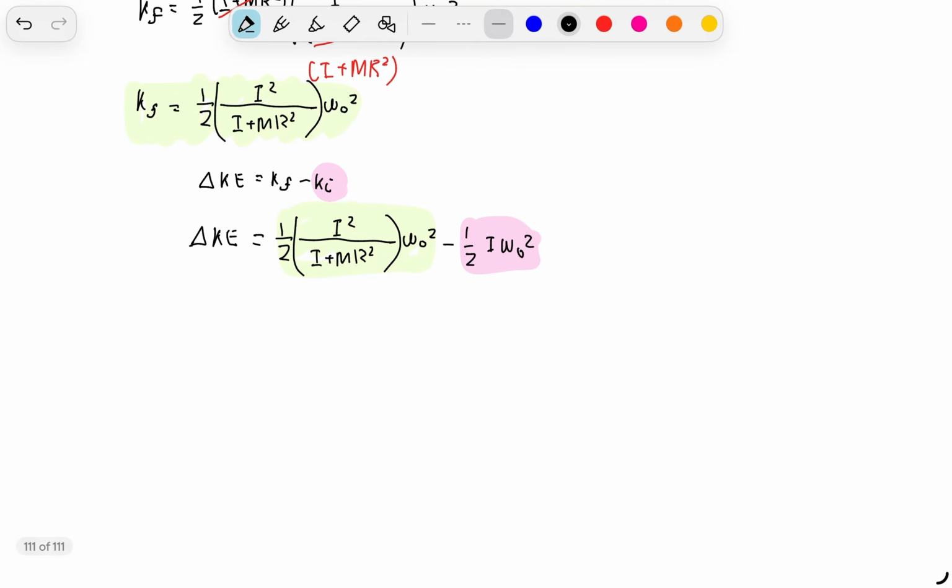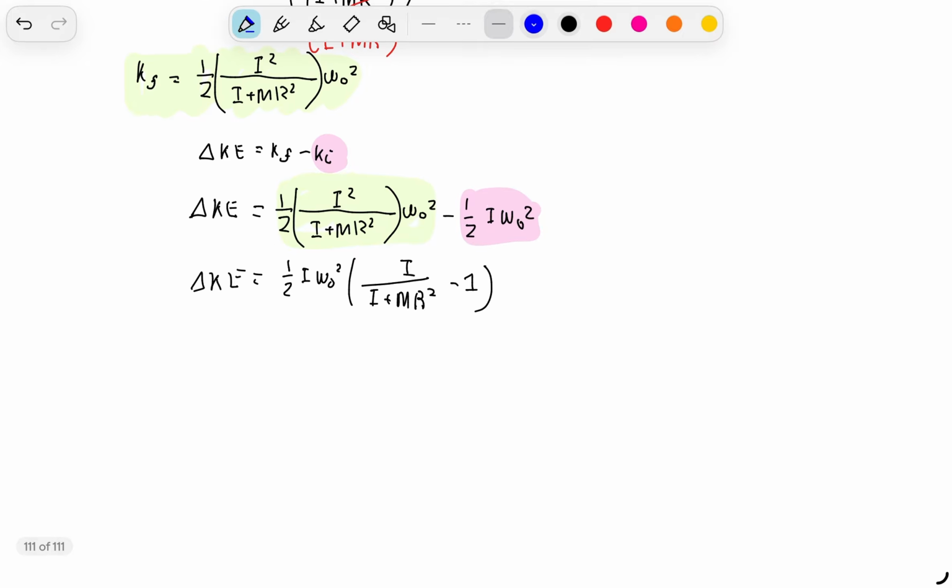So what we can do is factor our common terms. Then we can simplify our bracket.